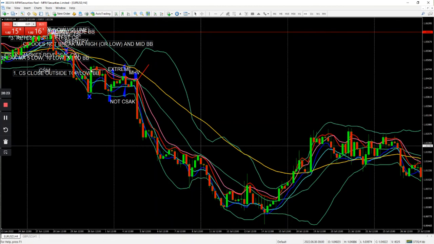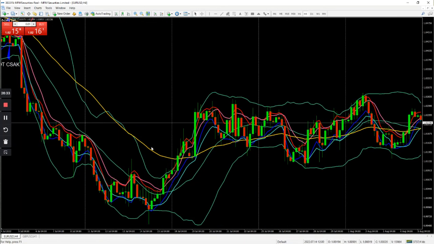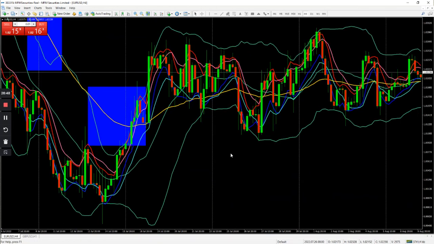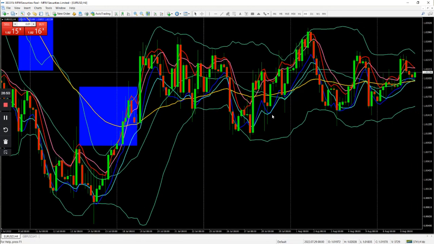You can see all the candlesticks, and the mid BB is below the MA50. This is mid BB. When it comes in, you have to be careful. This is where multi-time frame kicks in. This is a signal in multi-time frame. All right.